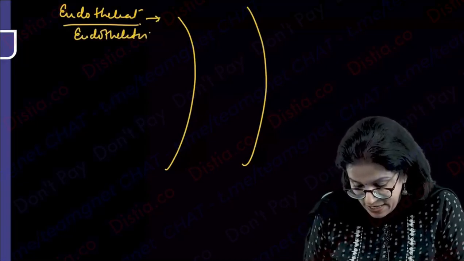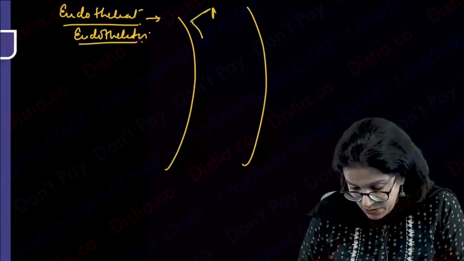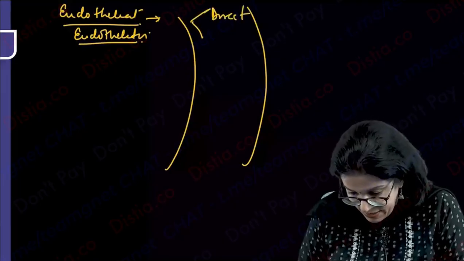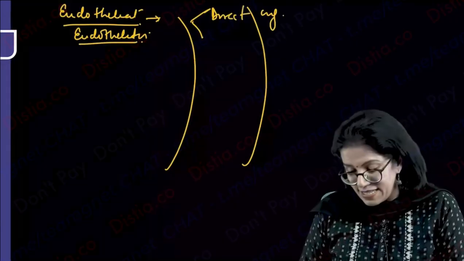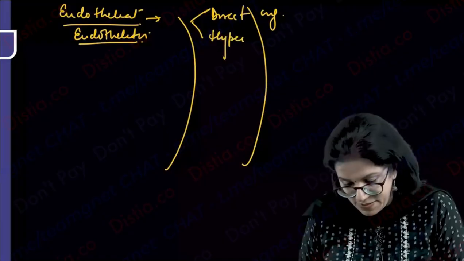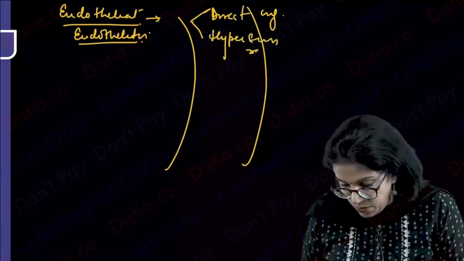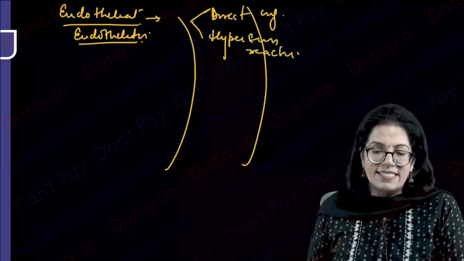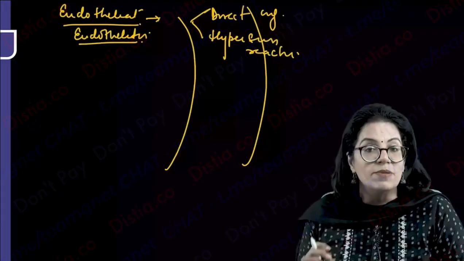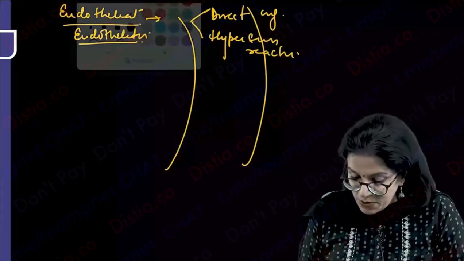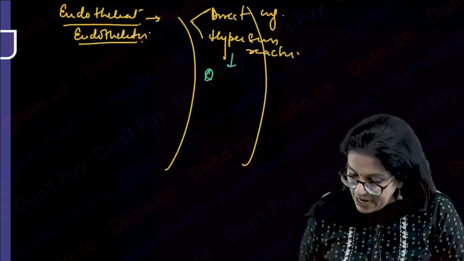Either it is due to direct infection, or generally, majority of the time, it is hypersensitivity reaction. Now what type of hypersensitivity is another exam question we are going to answer. It is type 4.